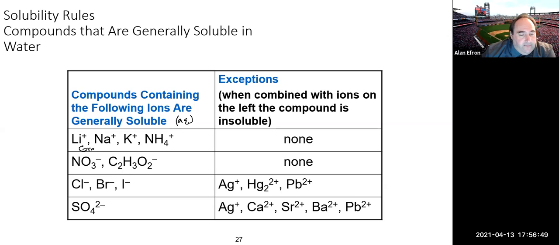These are group 1 over here on the periodic table, and ammonium. There are no exceptions, which means as soon as you see one of those in a formula, lithium, sodium, potassium, anybody from group 1, or you see ammonium in the actual formula, you pretty much don't need to go any further. That should get the aqueous symbol.